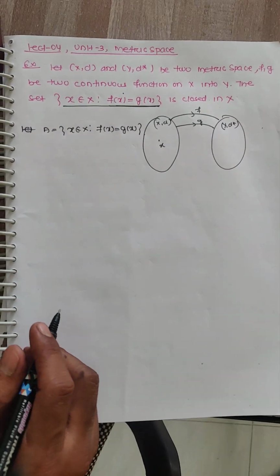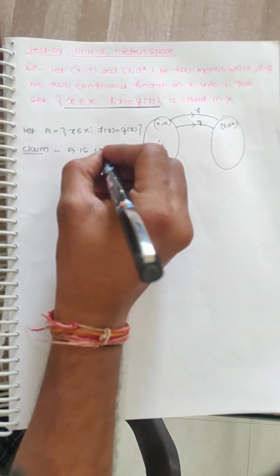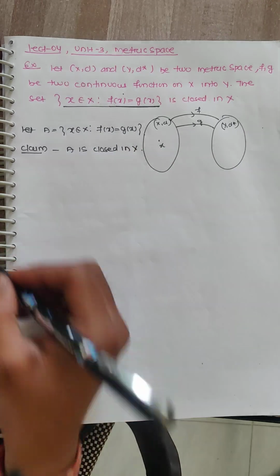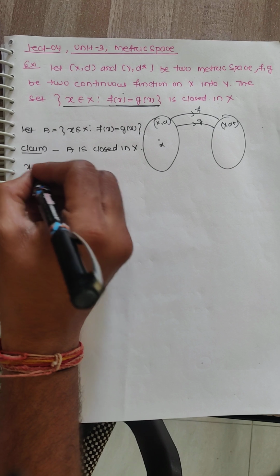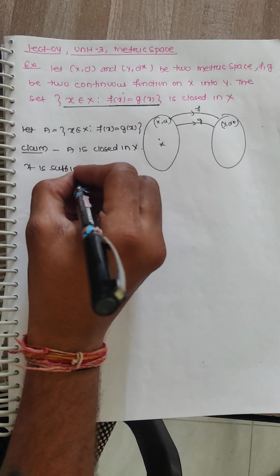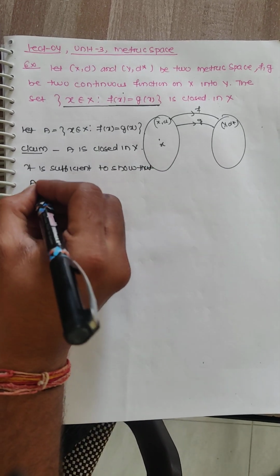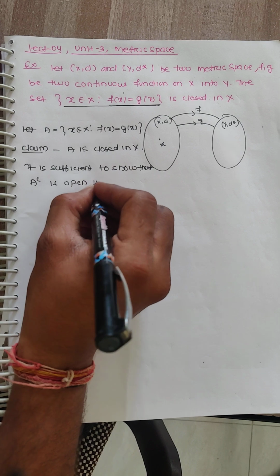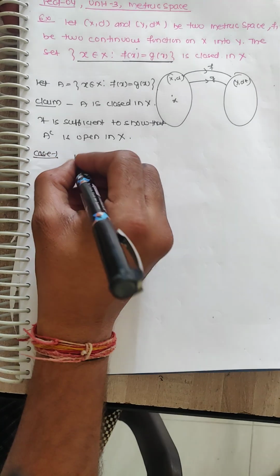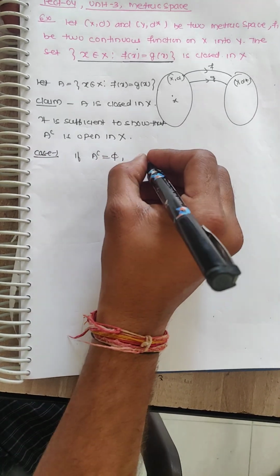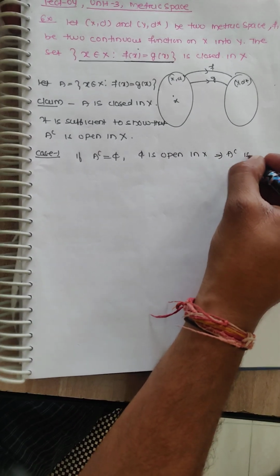We need to prove the claim that A is closed in X. It is sufficient to show that A complement is open in X. Case 1: if A complement is phi, it is open in X, since every set is open in X, so A complement is open.